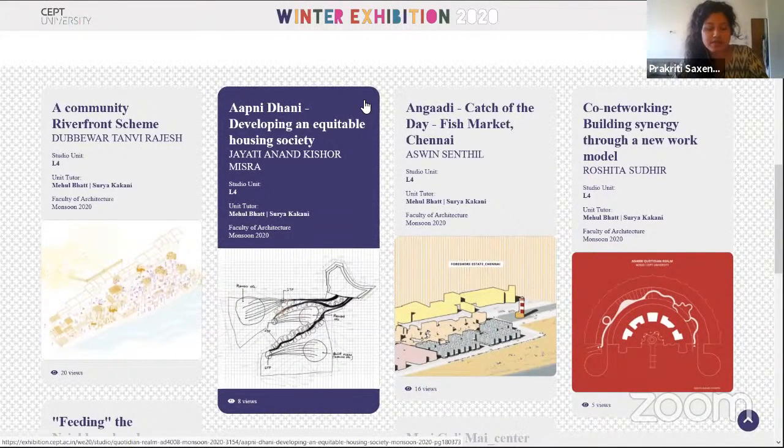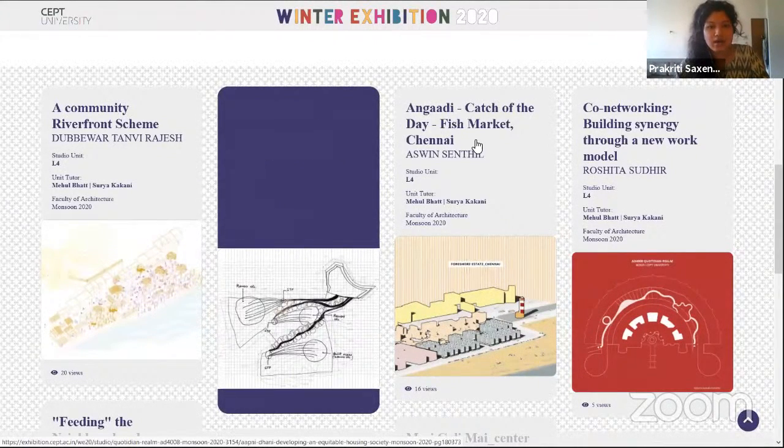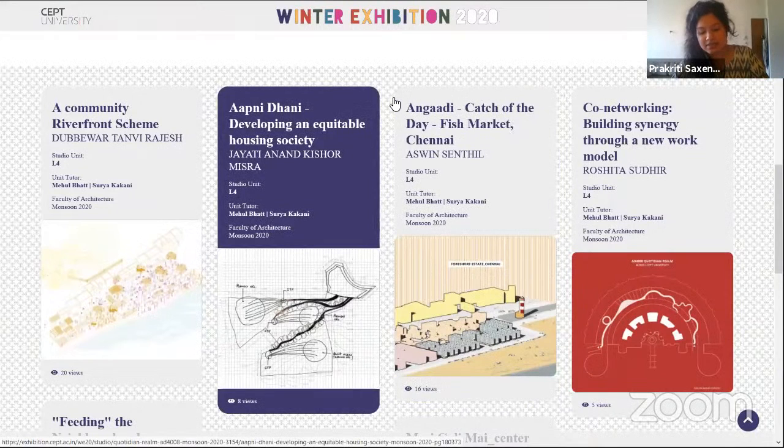And since this project was in Rajasthan, she was looking at water, at harvesting rainwater and using the same for the development itself. So basically how housing developments can try to be self-sufficient.